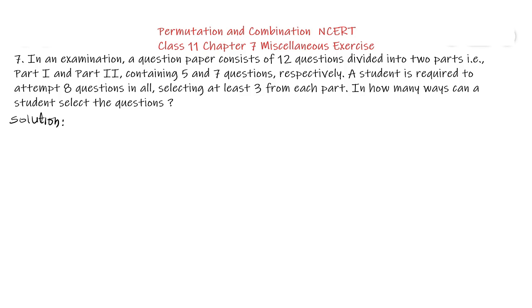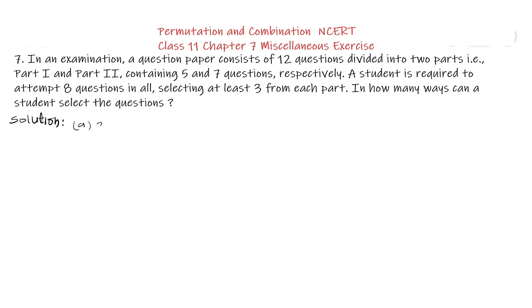Second situation is 4 questions from part 1 and 4 questions from part 2, and third situation is 5 questions from part 1, that is the maximum number of questions available in part 1, and 3 questions from part 2. This way there are 3 alternatives of selecting 8 questions. So we solve one by one each situation.